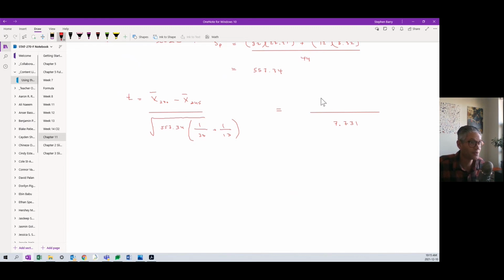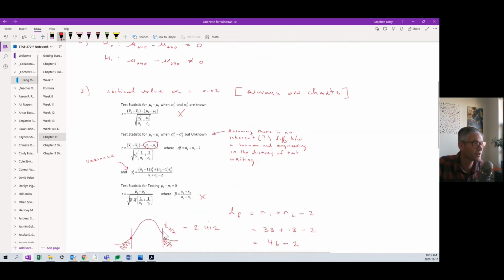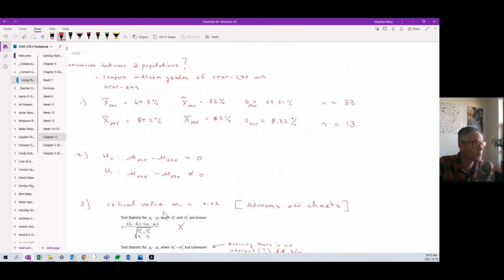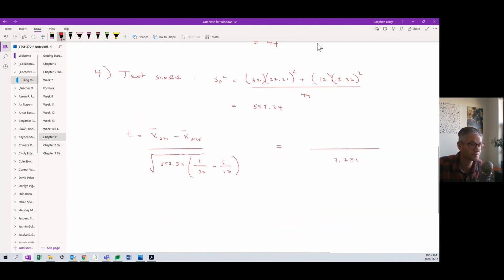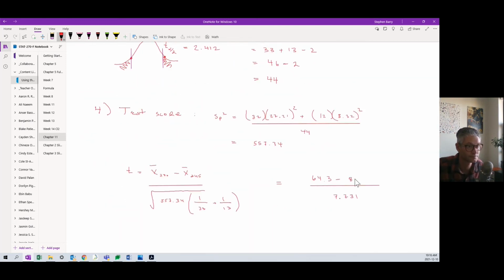and then here's the thrilling conclusion. What are these averages? The average for 270 was 64.3 and then 84.2. It's close.